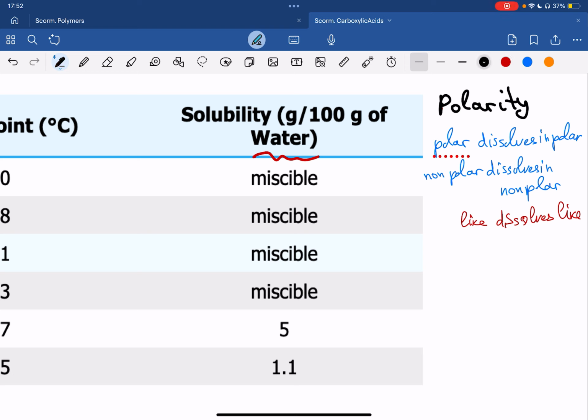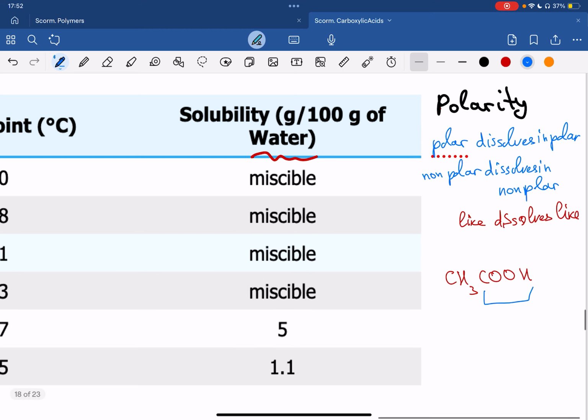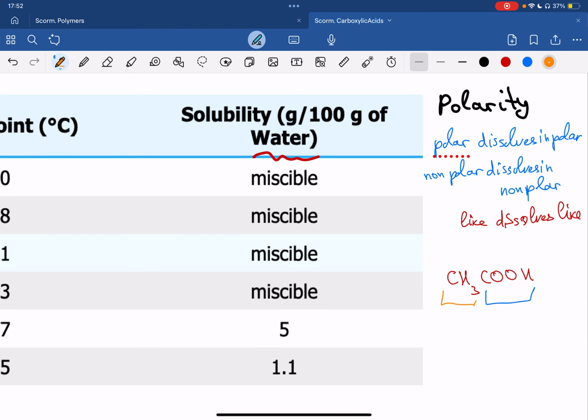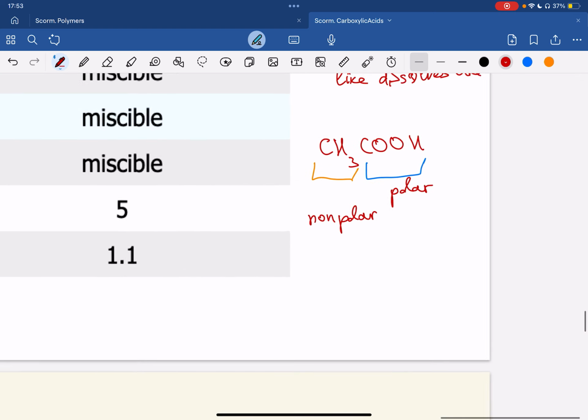Also, you have to know one more thing. We know that carboxylic acids have two parts, yes? One of them is a functional group part, and another is a carbon hydrogen part. Note that the functional group part is the polar part because it forms hydrogen bonding with the water, but the carbon hydrogen part is the non-polar part. So what's happening?